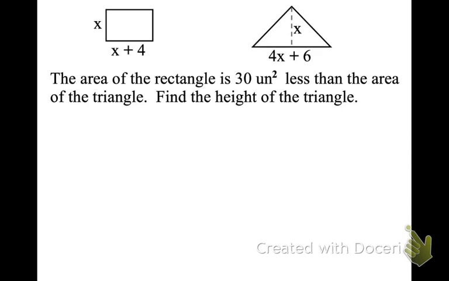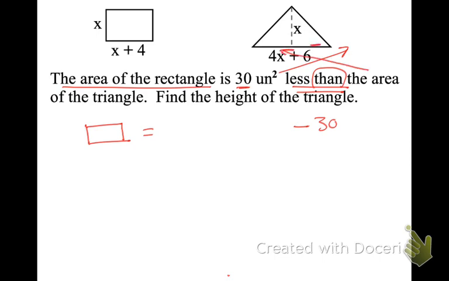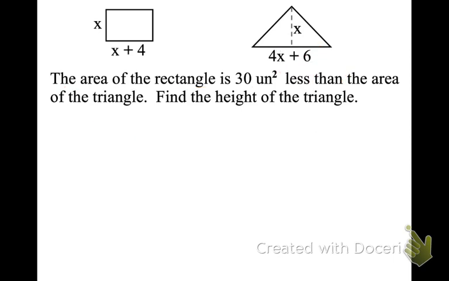With than, remember that the 30 has to move over here, and then we have area of a triangle goes over here, and my minus sign's in the middle. So basically, we have area of a rectangle is equal to the area of a triangle minus 30. So that's where we're getting that equation.